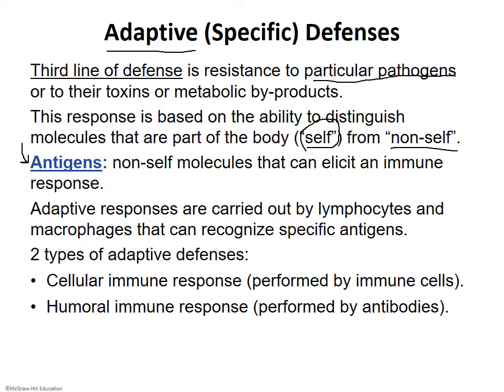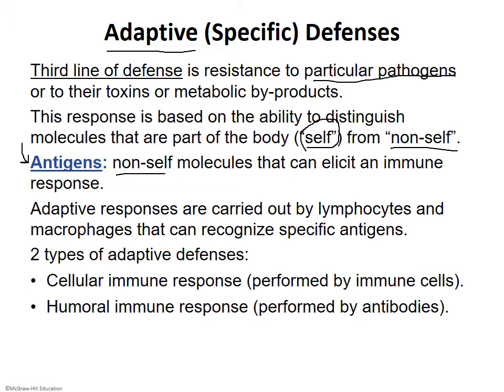Well, an antigen specifically is a non-self molecule that can elicit an immune response. This is what your adaptive defense or immune system looks at, the antigens that are on cells. And it's either going to say, is it me or is it not? And certain ones will elicit an immune response.